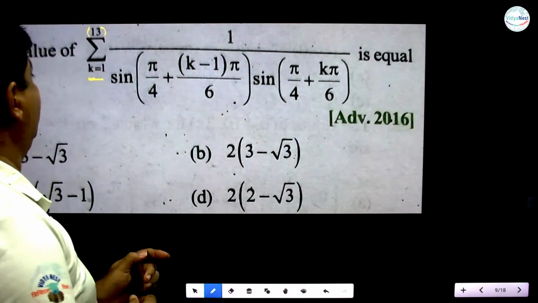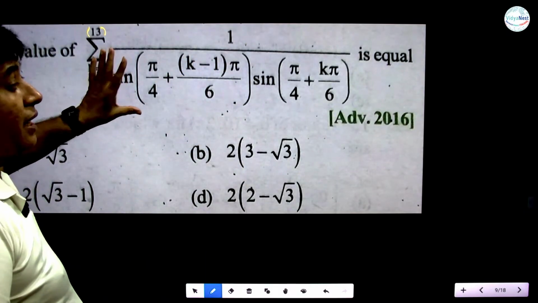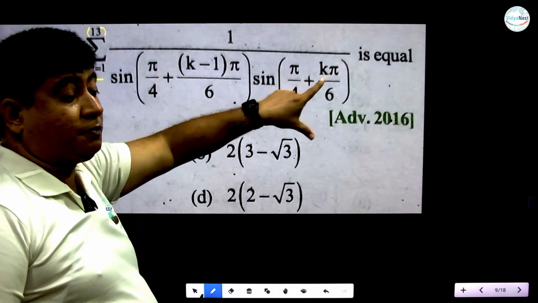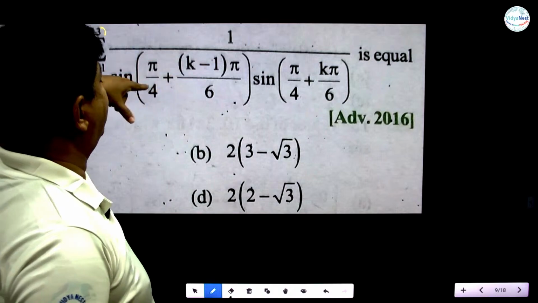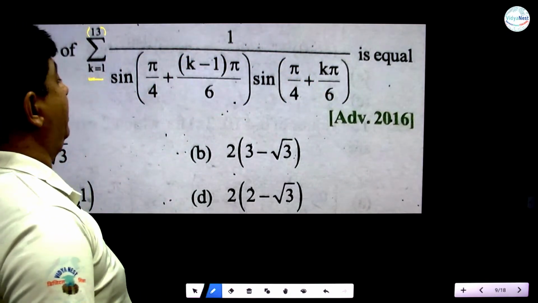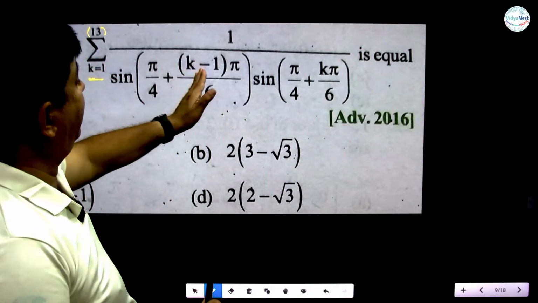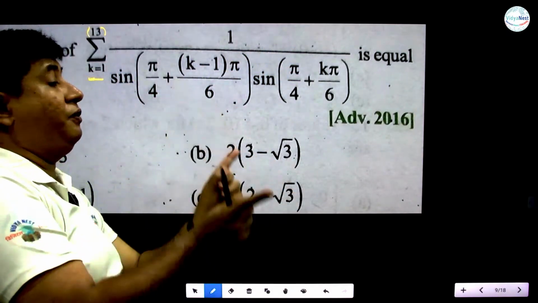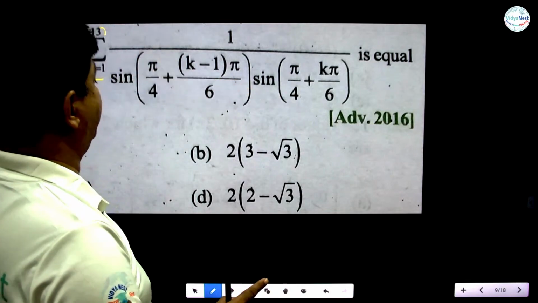अभी तक तो बहुत कॉम्प्लेक्स शेप है। तो इसका ट्रिक क्या है? If you get this type of expression in exam, 1 by sin of this into sin of this, or cos of this into cos of this, whatever be, it will be only confined in case of sin and cos.